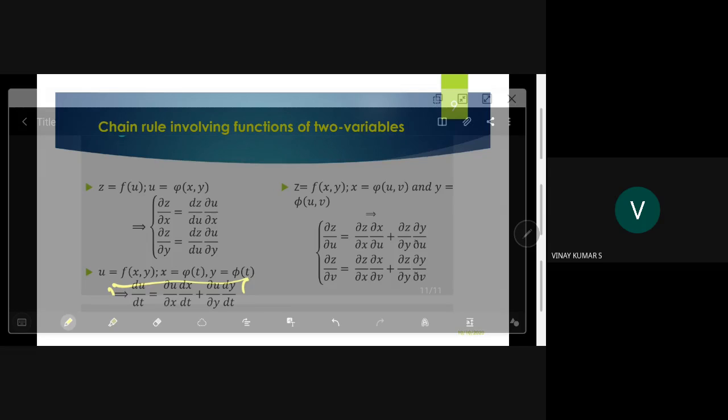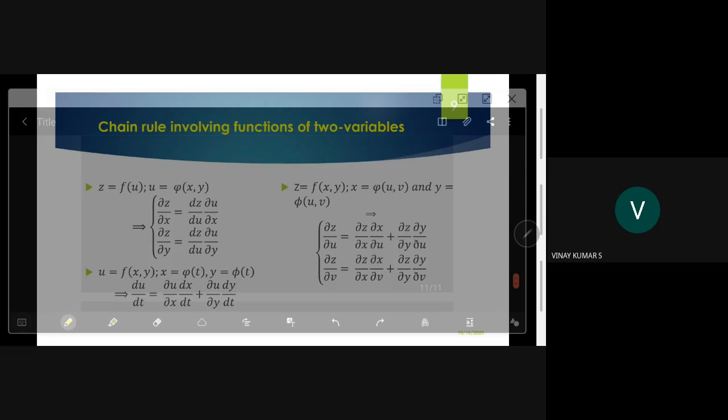And the third case is you have z equal to f(x,y), and x is also now a function of two variables u and v. y is a function of two variables. Then you can talk about ∂z/∂u and ∂z/∂v, and you have this.